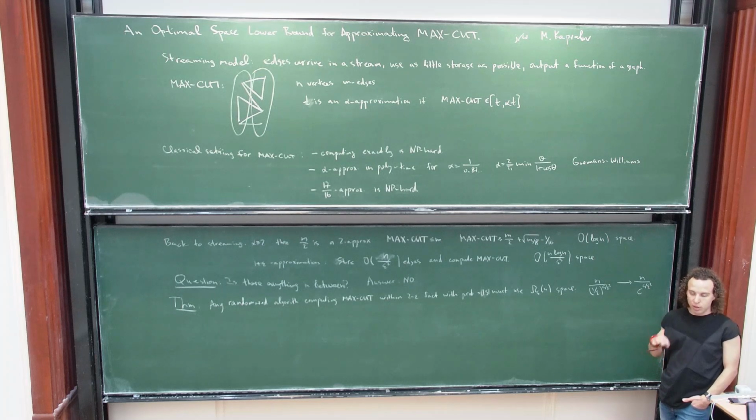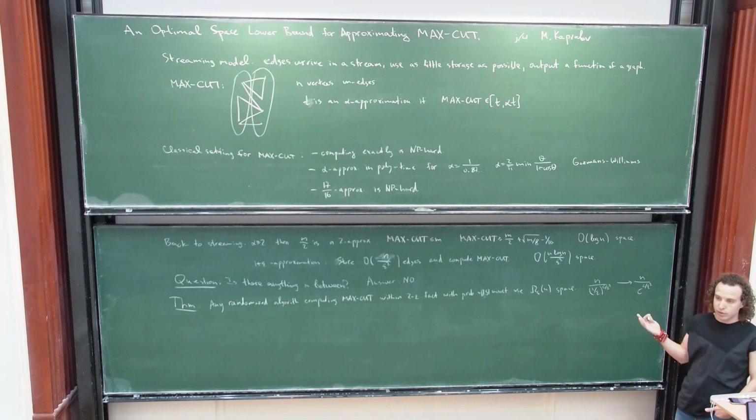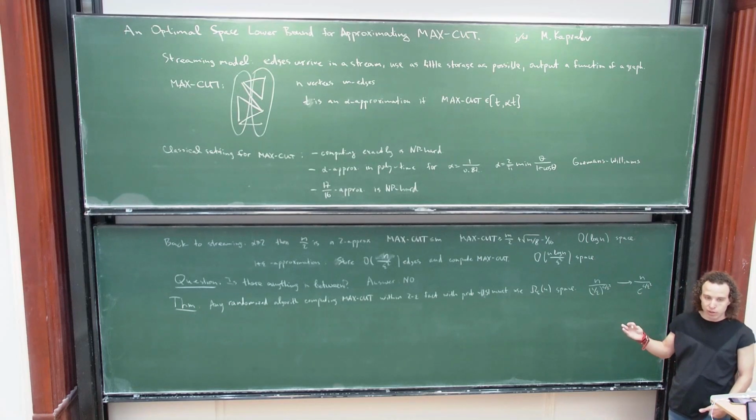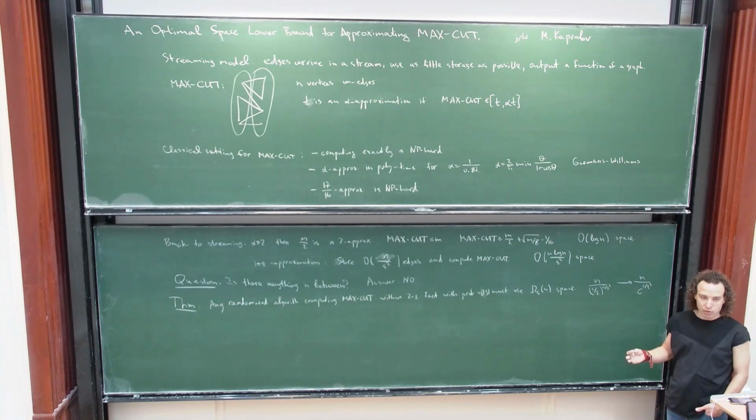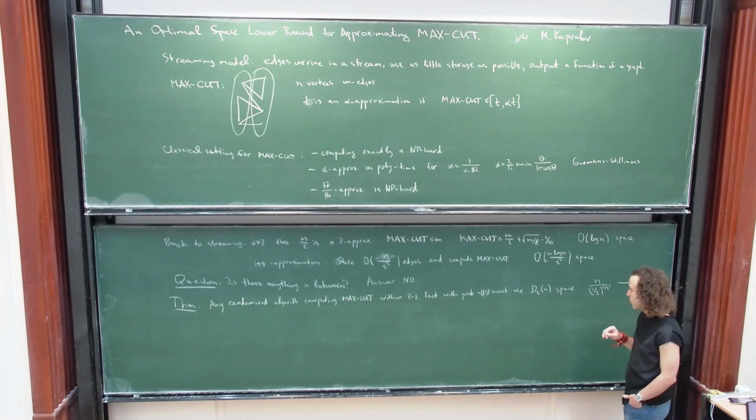Then this player is going to send the current state of the algorithm, which is supposedly small if you use very little space, to the second player, and then the second player is going to run the algorithm on the second part of the stream. So the communication problem is typically one player gets one half of the graph, the second player gets the second half of the graph. Okay.